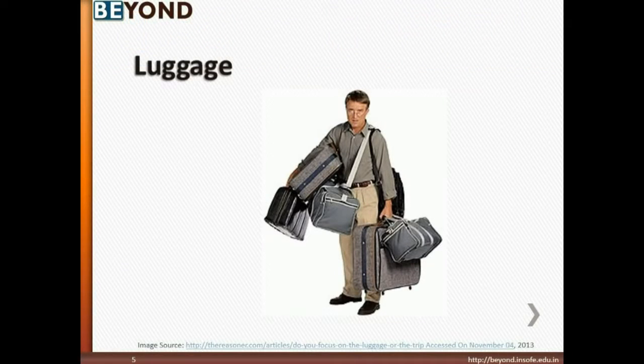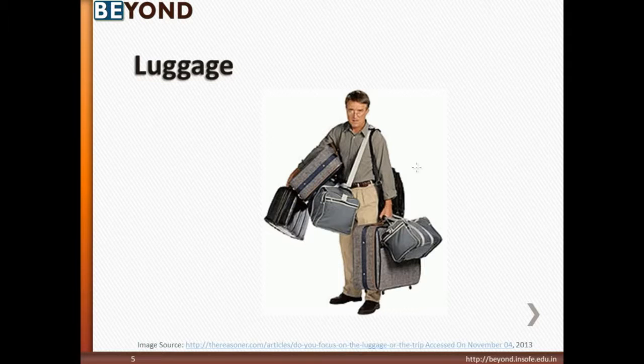Now let me look at what else. Luggage. This family is going on a long drive, and hence they must be packing stuff. Normally, how heavy is a suitcase? 20 to 25 kgs.